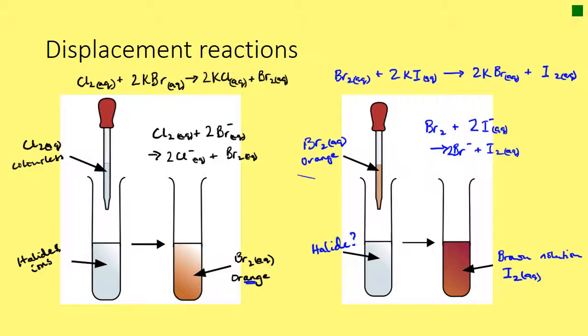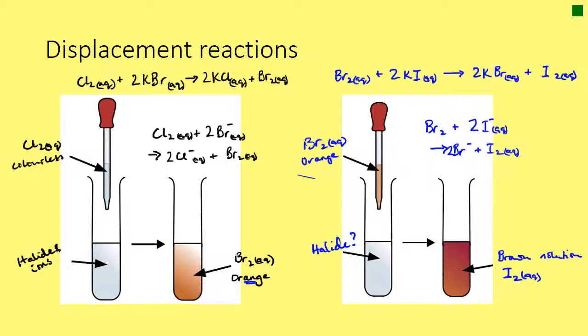So two iodide ions that were happy with the potassium went through a displacement reaction because bromine is more electronegative than iodine, and so the bromine atoms stole the iodine's electron and became bromide ions, and there'd be two of them.